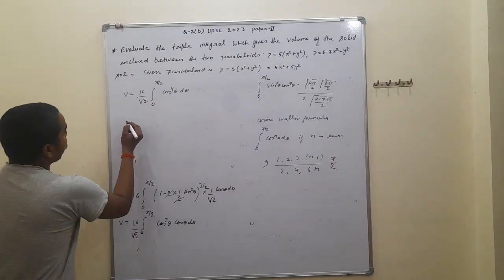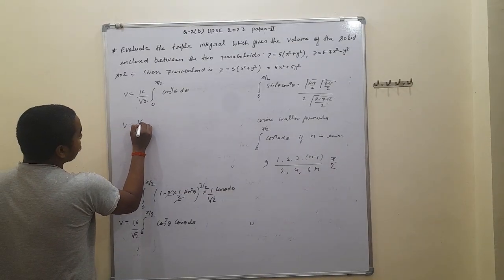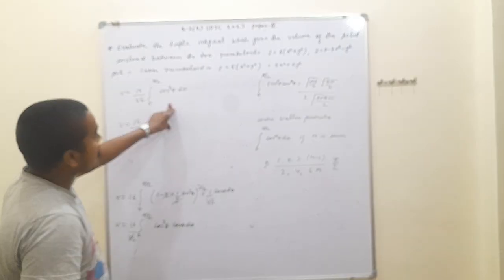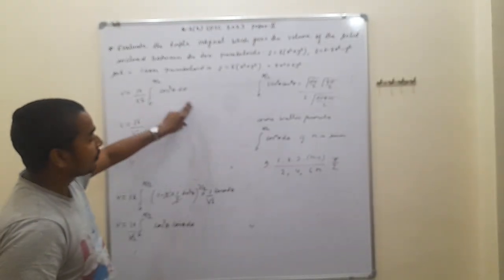Then volume is equal to 16 upon root 2, and in place of n we put 4.